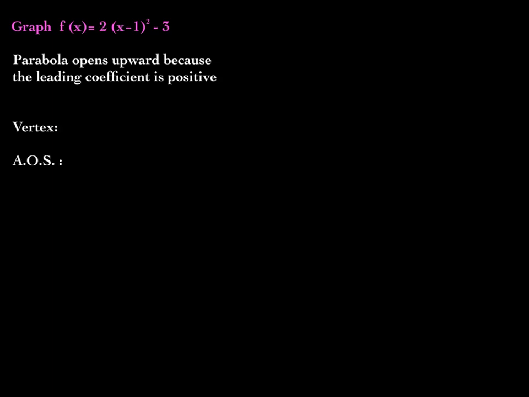Now remember, your vertex is h, comma, k. Here is your h value. It's the number, now this is tricky, it's the number that follows the subtraction sign. So if I kind of cover up the subtraction sign here, like that, what number do you see? 1. You know what I usually tell my students is, in order to identify the correct h value for your vertex, always take the opposite of what you see.